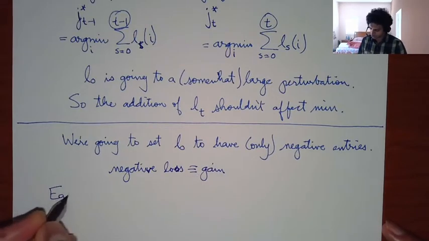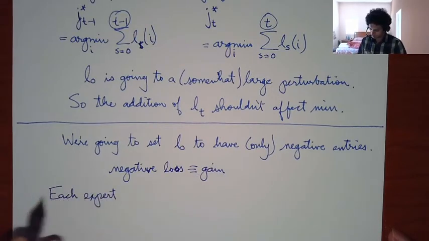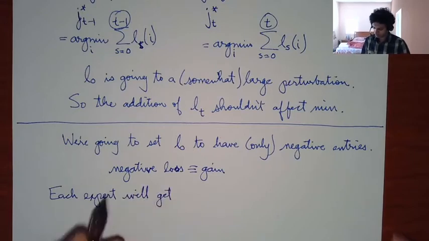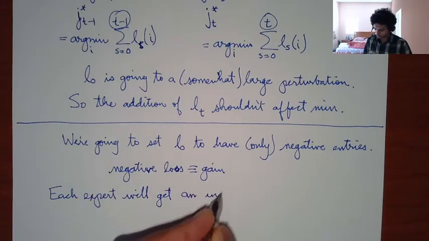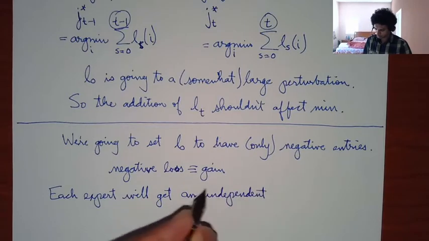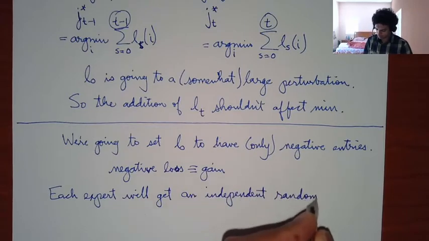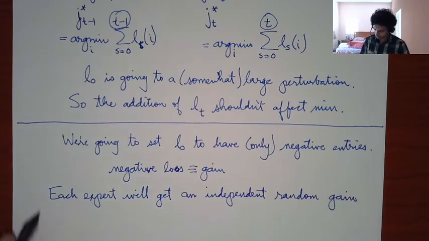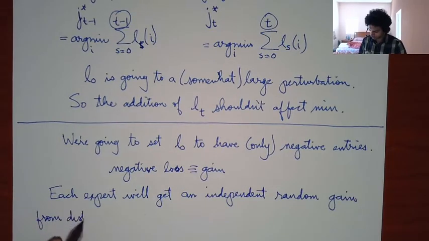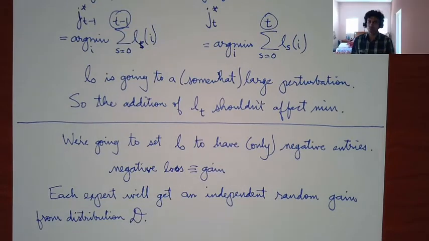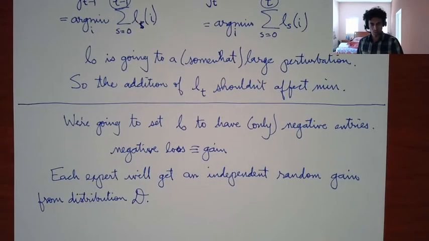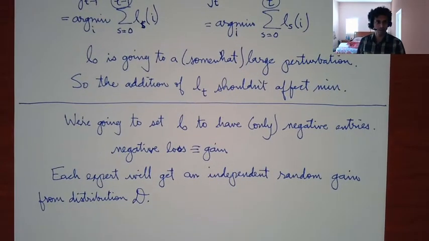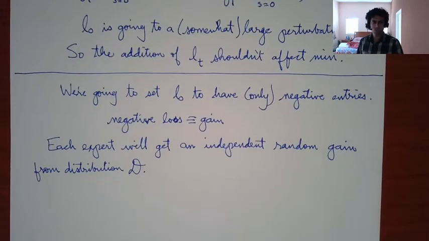So each expert will get an independent random gain from some distribution D. So I'm not going to tell you what that is, but we'll see what the distribution is. We will actually derive what we want from the distribution. So each expert is going to get this gain in the beginning. So that's like some kind of budget for them to make mistakes. And if they make mistakes which are less than the gain, you just ignore it.